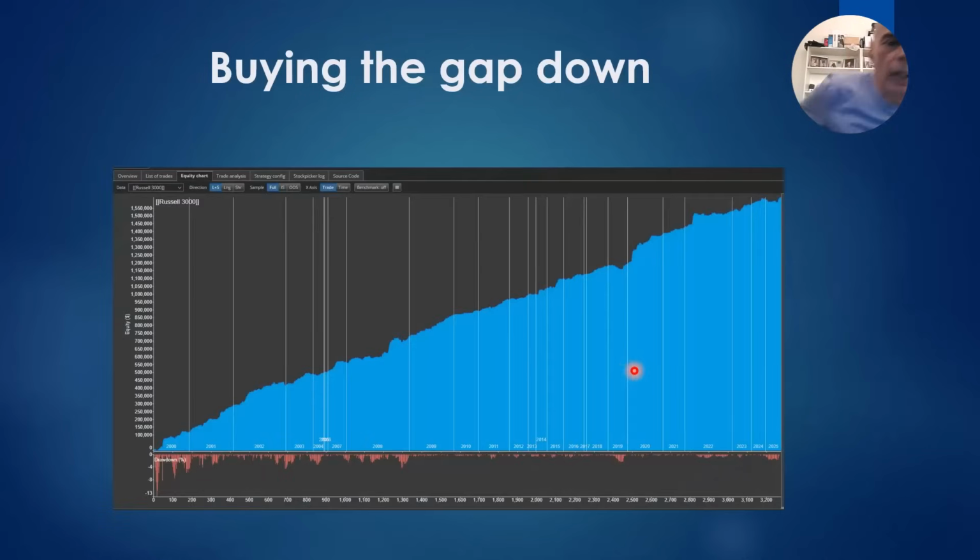Here's the equity curve that we get doing this particular backtesting. I like the fact that it's a somewhat smooth, upward sloping equity curve. In the x-axis, we have the number of trades that have been done over this particular time interval.